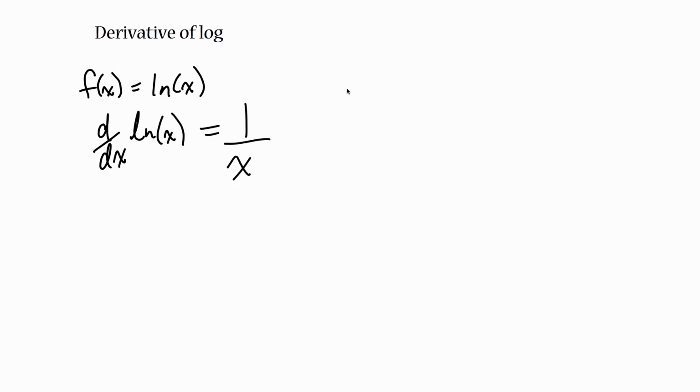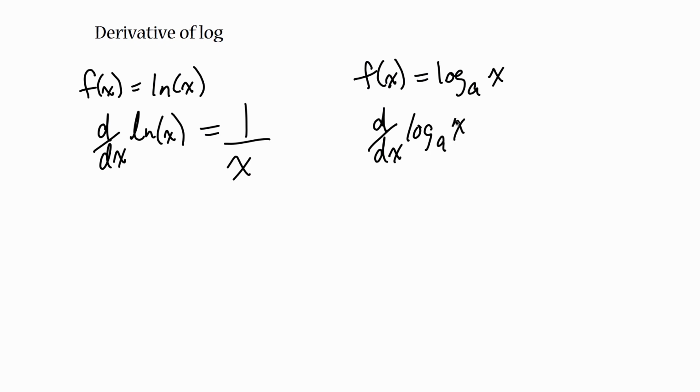And for any logarithm, regardless of base, where my function is log base a of x, the derivative of that function, log base a, is equal to 1 over x times the natural logarithm of a.